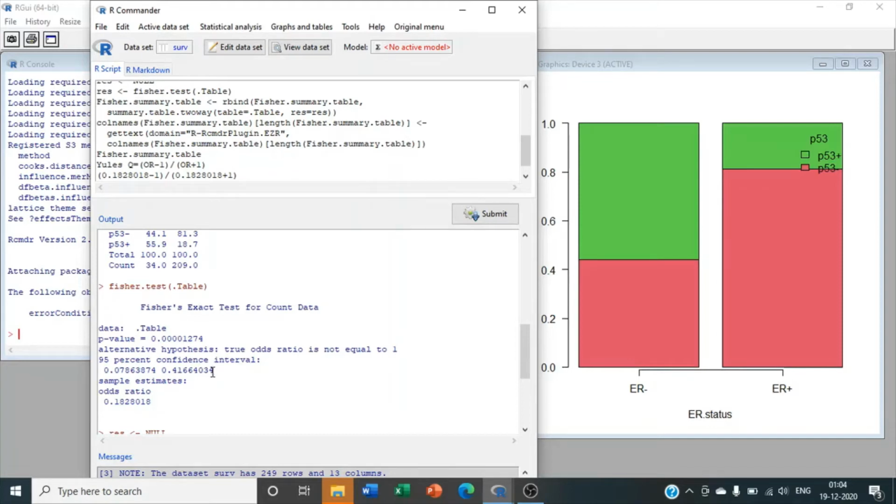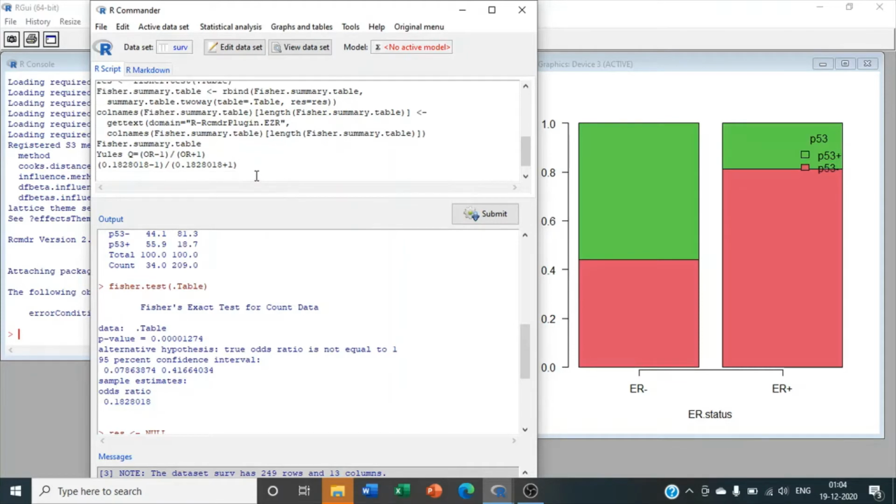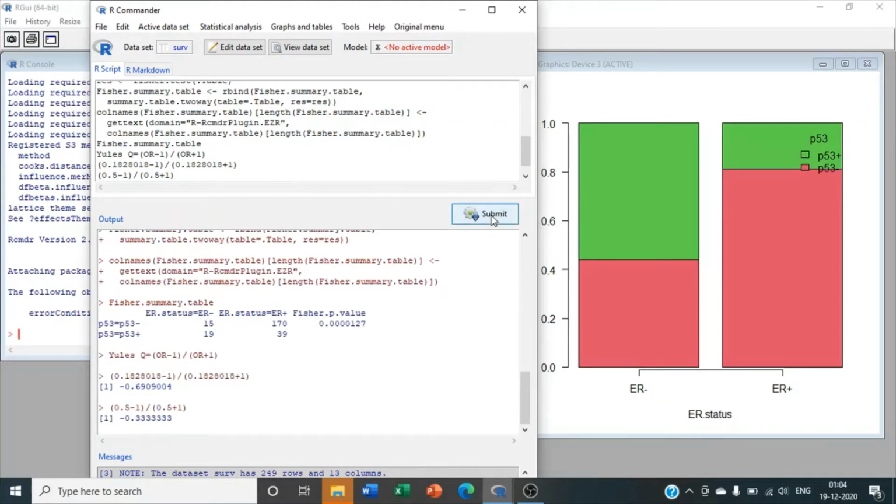Usually an odds ratio of 0.5, you can just calculate it over here, 0.5 minus 1 divided by 0.5 plus 1, corresponds to quite a high Yule's Q, a moderate effect size of minus 0.33.